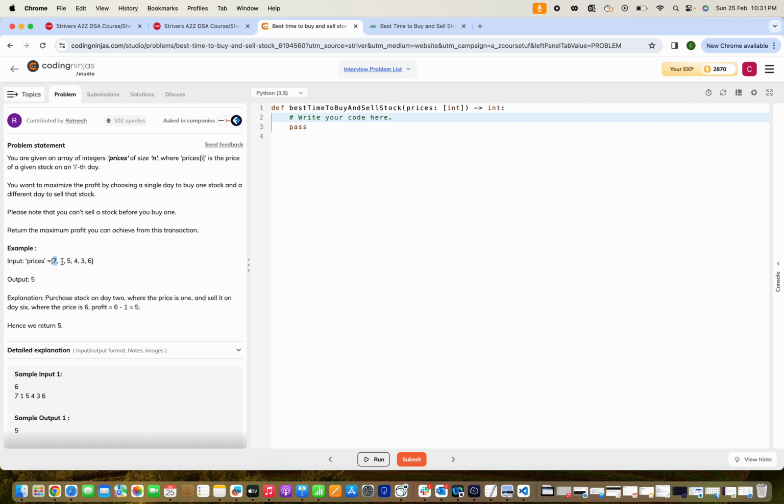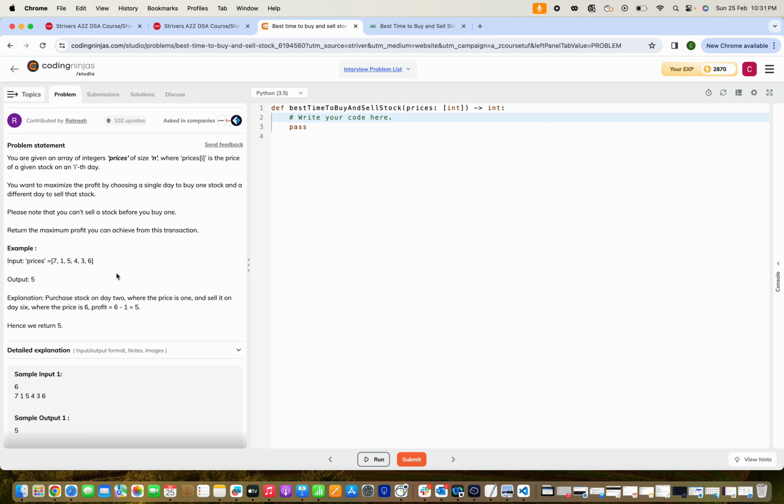Now I can sell an item following this item, not before. For example, if I select the item number 1, then I can select the elements following this, not the elements before this.